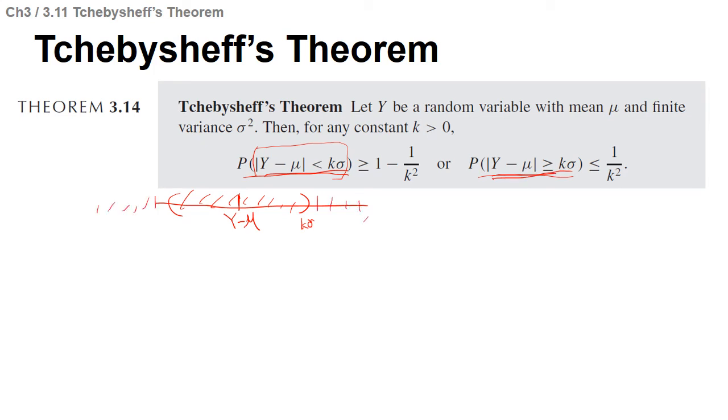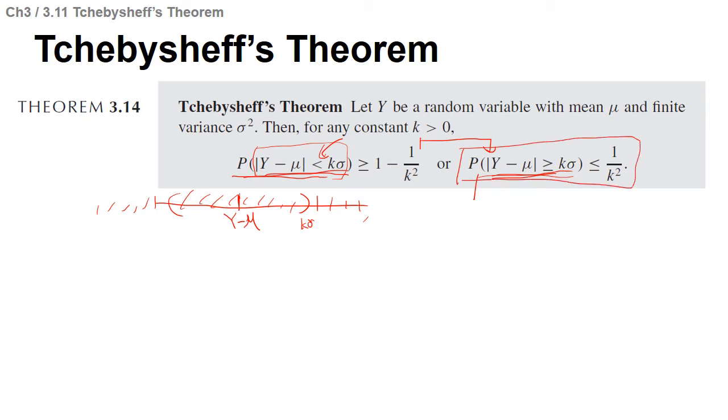So the sum of these two probabilities is 1. So this is 1 minus this. So if you prove either of these inequalities, then you can get the other. So let's just prove this one.